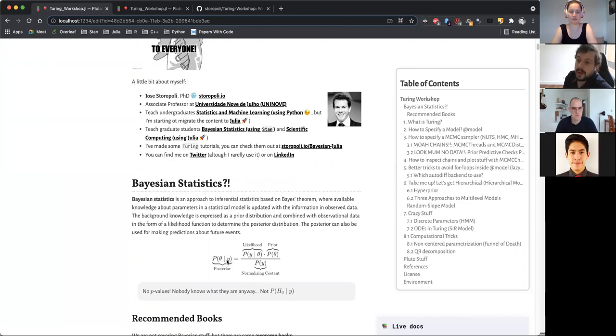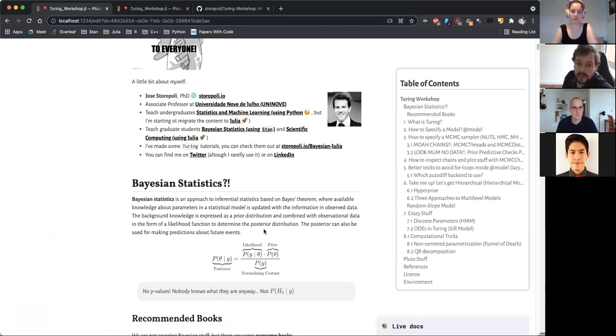It encompasses all the probability density of our parameters theta given our data y. This is Bayesian Statistics 101, a very quick intro.